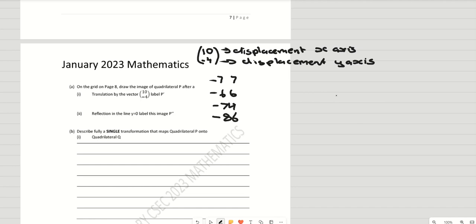All right, these are the coordinates here. And then what you would do is change these into column matrices, where x values are on top, y values at the bottom: minus 6, 6, minus 7, 4, and minus 8, 6. All right?